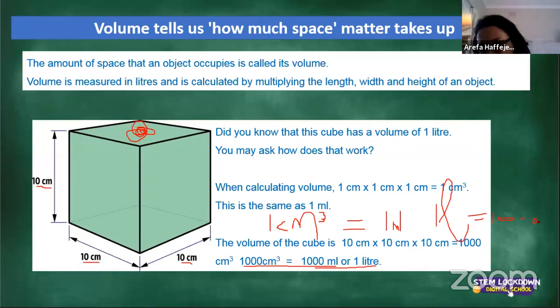I'm writing like a first grader now. Okay, so now this 1 liter is equal to 1000 ml. So if 1 centimeter cubed is equal to 1 milliliter, then you need to know that 1000 centimeter cubed is equal to 1000 milliliters, which is equal to 1 liter. This is something that you have to learn in conversions when you're doing math.